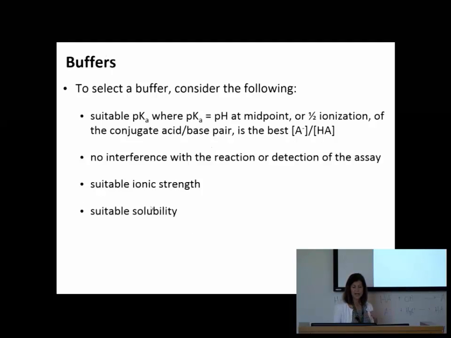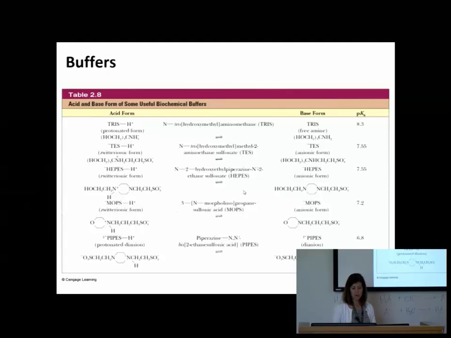Is it going to be too strong, like in terms of concentration? And then is it going to be soluble? And it's not going to go bad, not biological. So I know that I worked with Tris because I had to work at pH 8. When I was an undergrad, we used PIPES because I had to work at pH 7. So there's a lot of different ones. Tris I used to run into a lot.